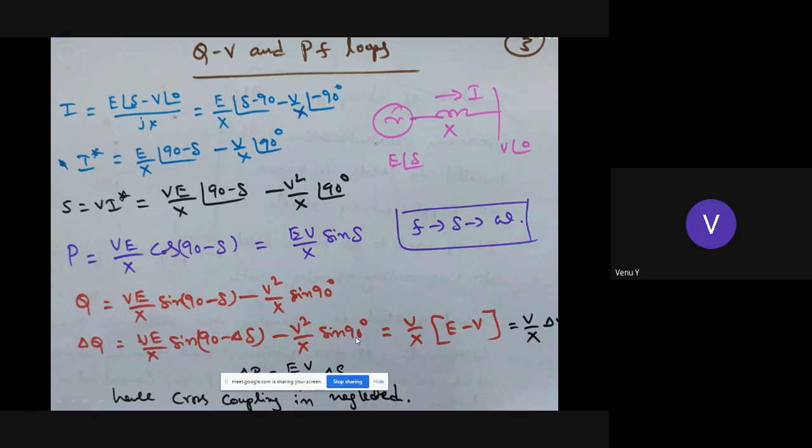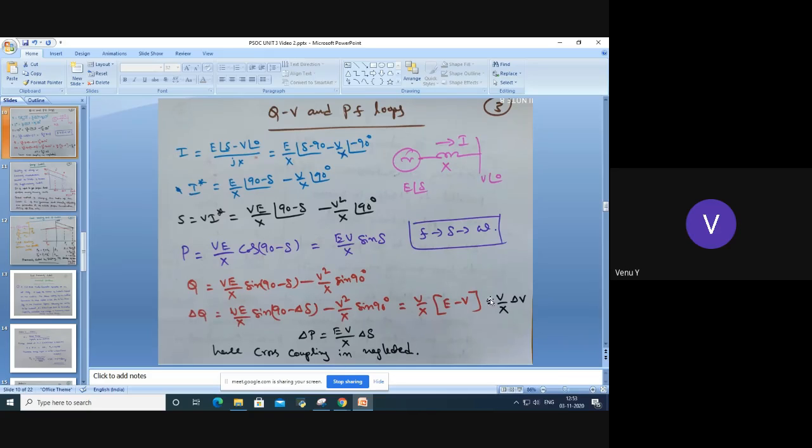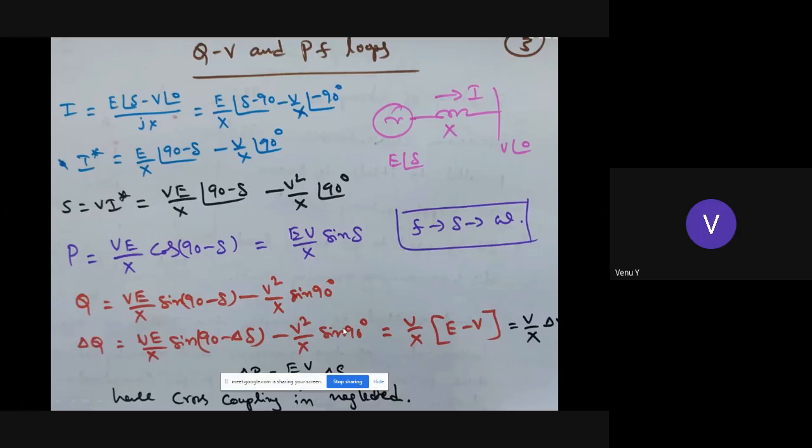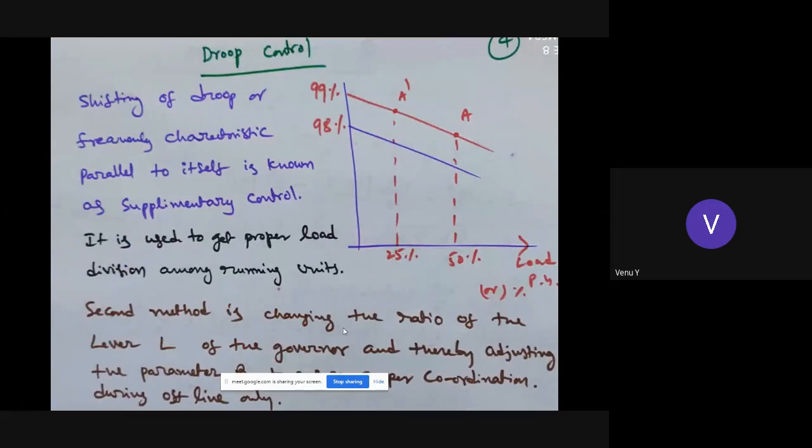E minus V is nothing but delta V. So delta Q and delta V are strongly related, and delta P and delta delta are strongly related. Hence the cross coupling between P and voltage, and between Q and frequency or delta, can be neglected, and the cross coupling between these two control loops can be neglected.